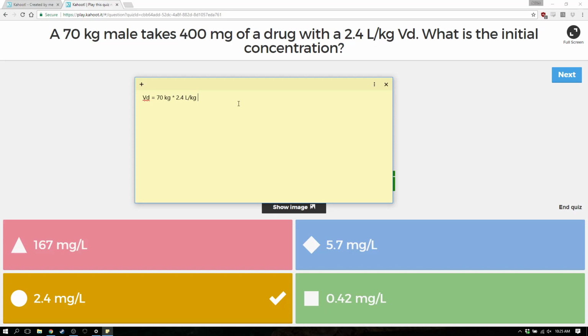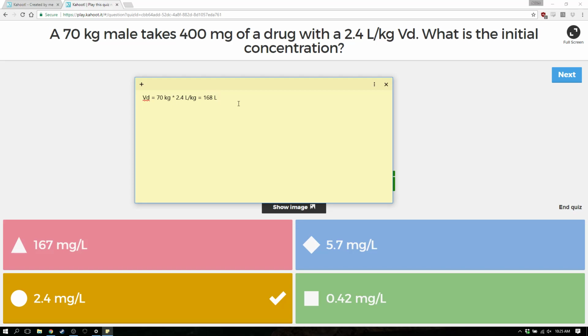What does that equal? 168. So we know that it's 168 liters is the volume distribution for this patient, based on the actual weight of the patient we're dealing with. That's why we multiply 70 times that 2.4 liters per kilogram. So this would be a high volume distribution, a high amount of drug being partitioned throughout the tissues, okay?